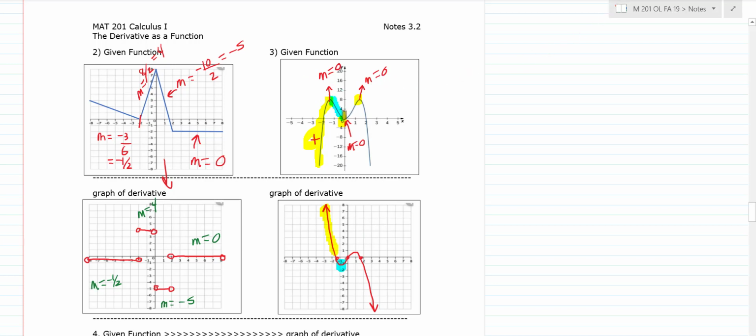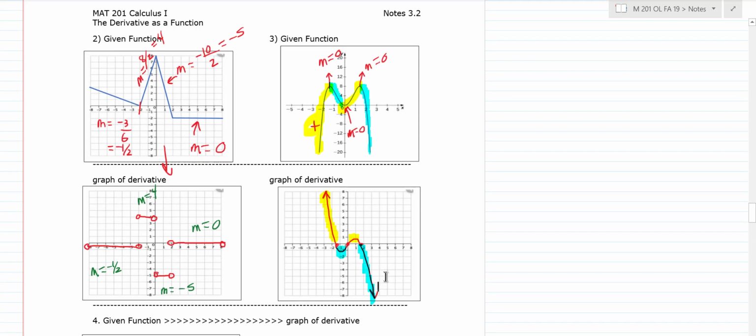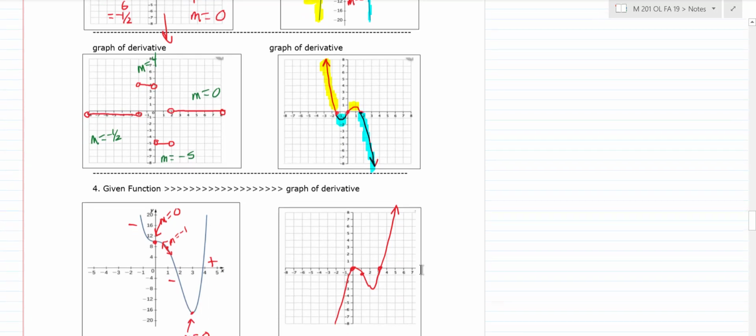Then in this region, you're back to positive derivatives, so you need to have that piece of the graph above the x-axis. And finally, the rest of the way, the tangent lines are negative, so you need to make sure that you're below. So the key thing is to know where the graph of the derivative is above the x-axis and where it's below the x-axis. That's the key. And know where your derivatives are 0. So that's basically what you would get on that. It doesn't have to be exactly like that, but just the idea of that shape.